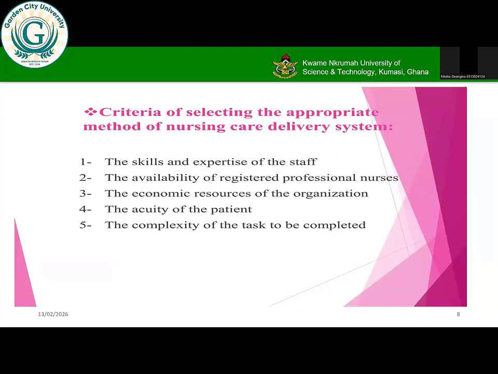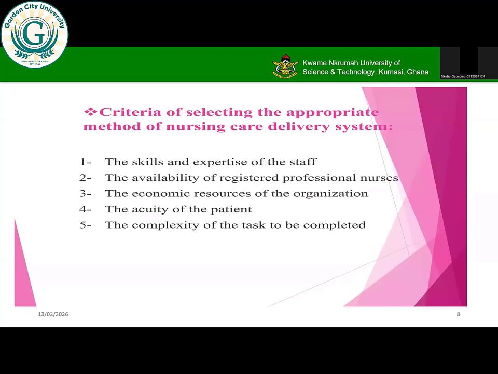Okay, so this is the criteria for selecting the appropriate model. How do you know this framework will suit a particular ward or unit? You need to consider the skills and expertise of the staff, the availability of registered professional nurses, the economic resources of the organization, the acuity of the patients, and the complexity of the task to be done.